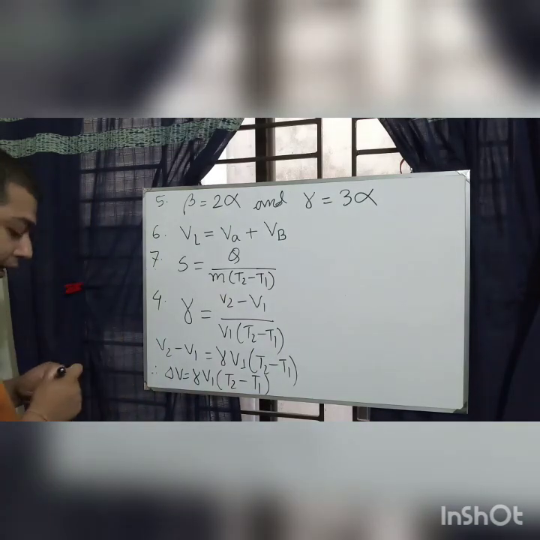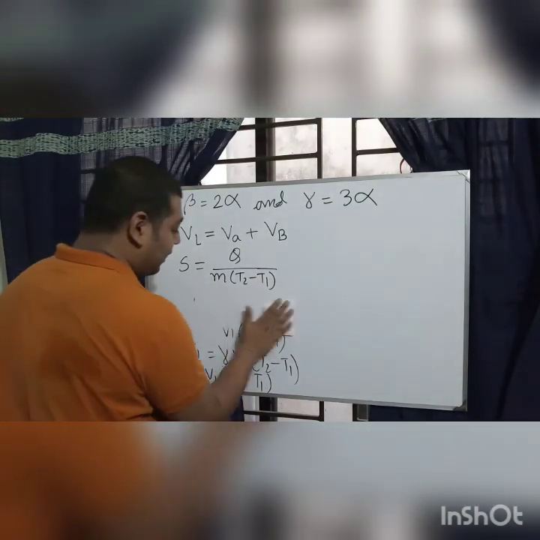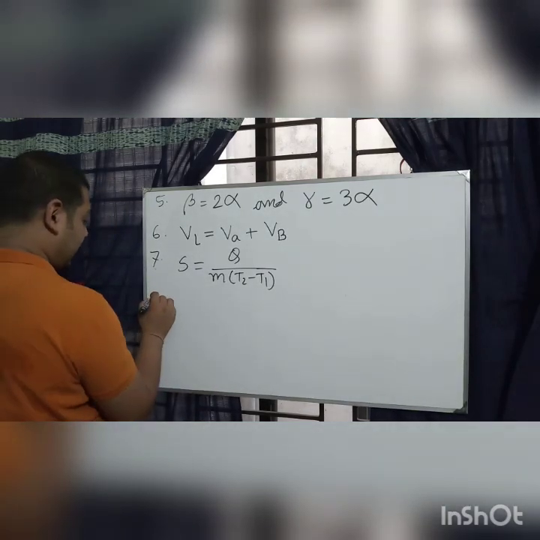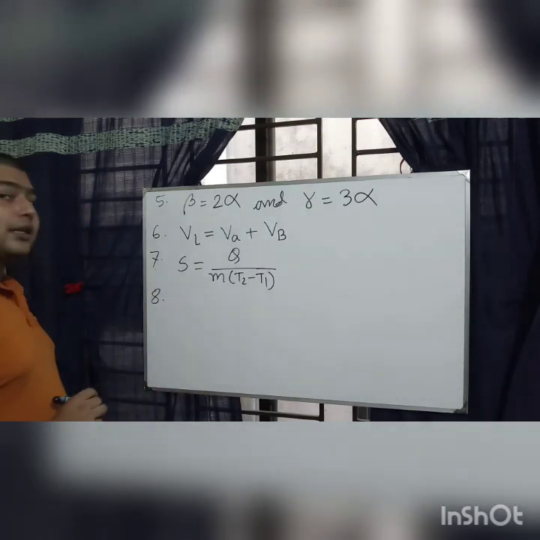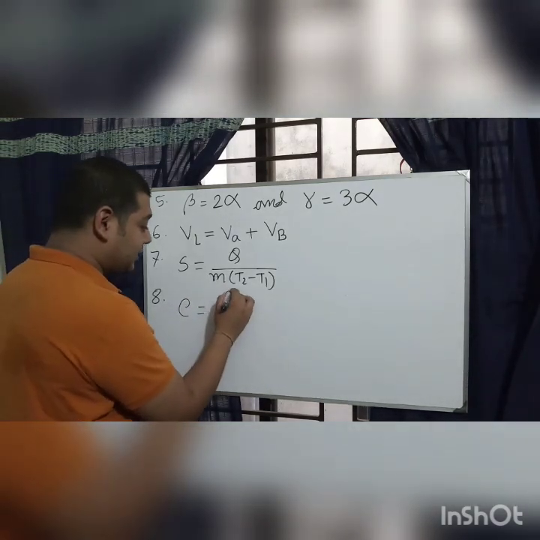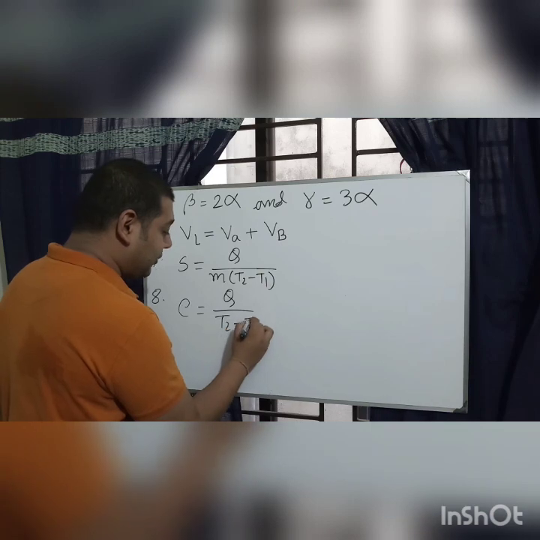Okay, and the final equation, number 8, the heat capacity denoted by C, and we can write delta T equal to T2 minus T1.